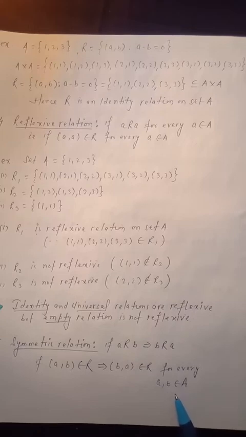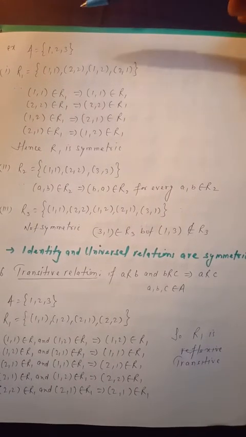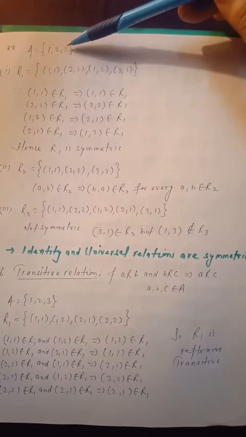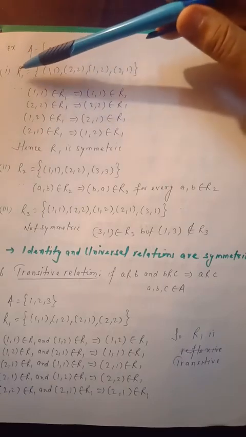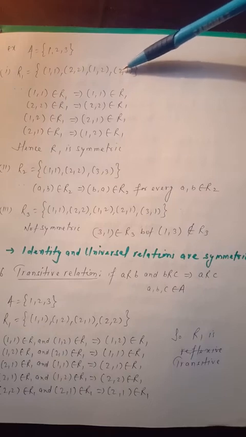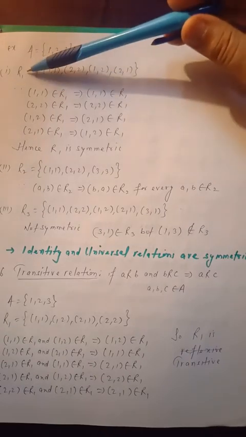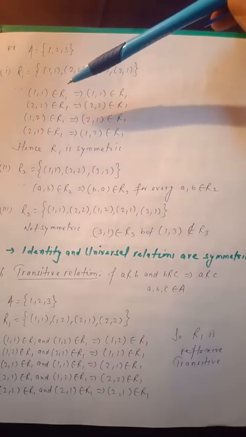Let's take an example. In this example, a set A is given: 1, 2, 3. A set R1 is given, which is (1, 1), (2, 2), (1, 2) and (2, 1). We have to check whether R1 is symmetric or not.